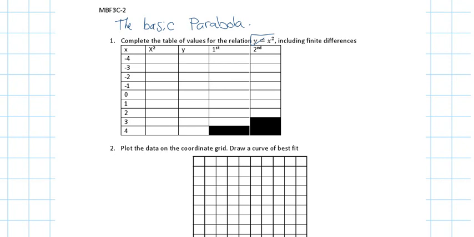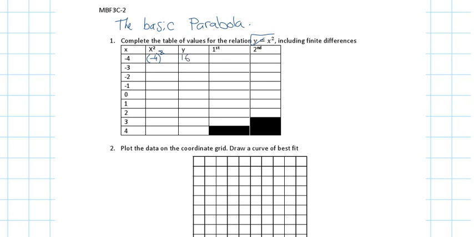All right. So if I give you the x values, -4, -3, -2, -1, and so on until 4, I can find my y values. If I plug in -4, it's -4 squared, positive 16.